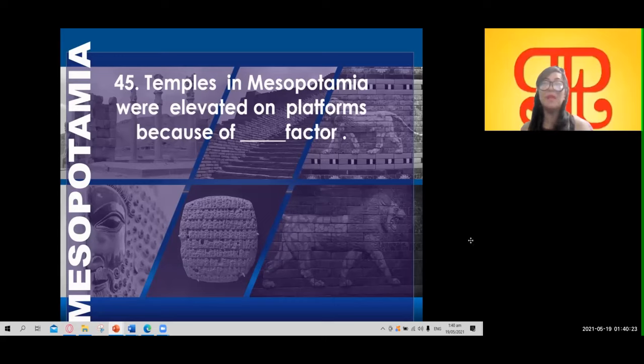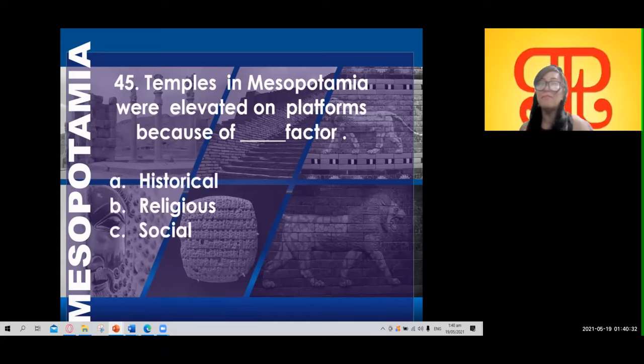Temples in Mesopotamia were elevated on platforms because of a blank factor. So the factor here is it A, historical? Is it B, religious? Is it C, social? Or is it D, climatic? So the answer here is, yes, it's climatic.